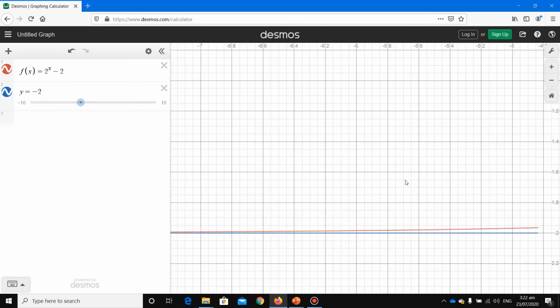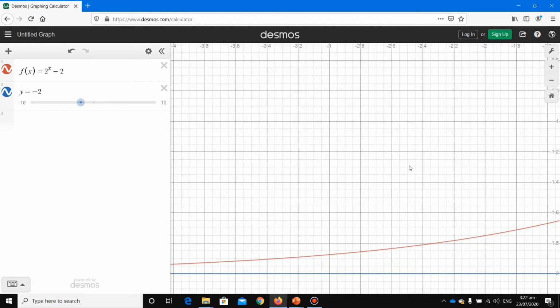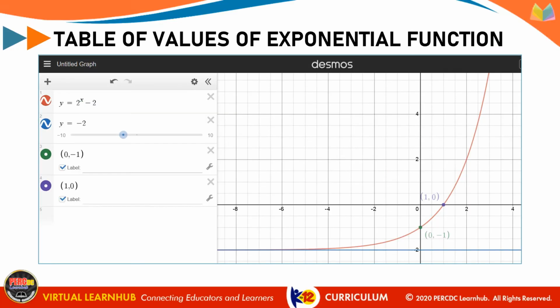Alright, so that's the part of our graph of exponential function. Again, the parts of the graph of our exponential function are the following. Where the graph passes through the x-axis, that is our x-intercept.